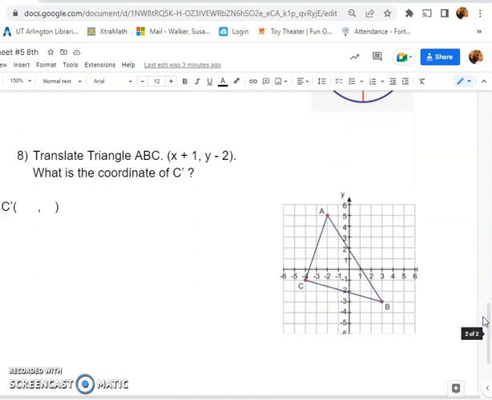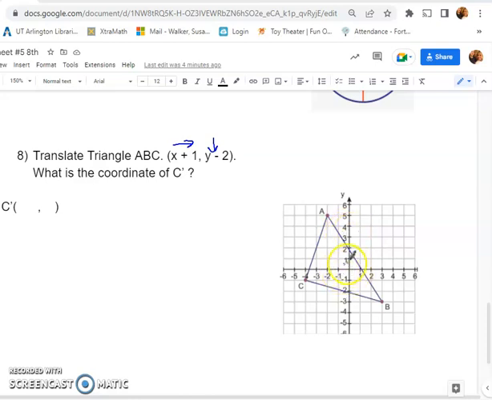And our last one. Translate ABC right here. And it says x plus 1, y minus 2. So x plus 1, remember that means we're going to go this way. So move that 1. Y minus 2 means down. So over 1, down 1, 2. Put an A there.